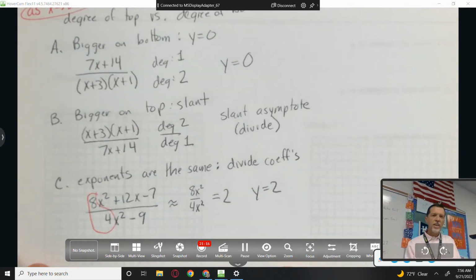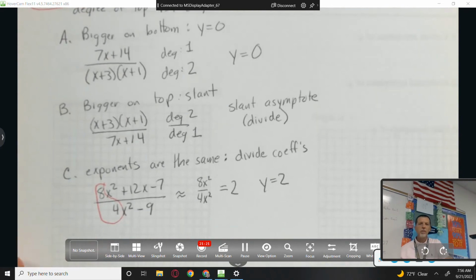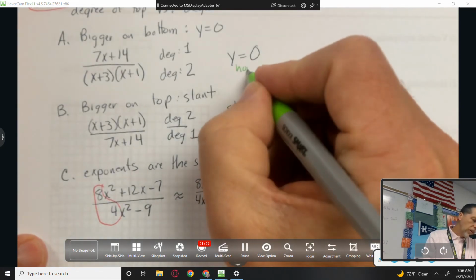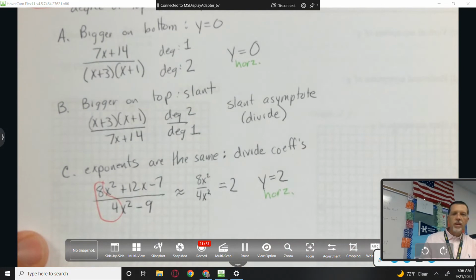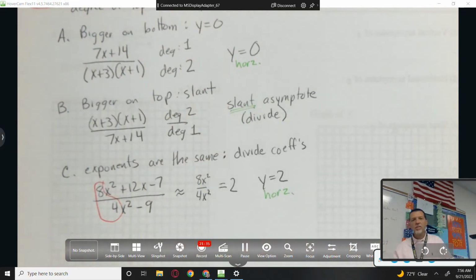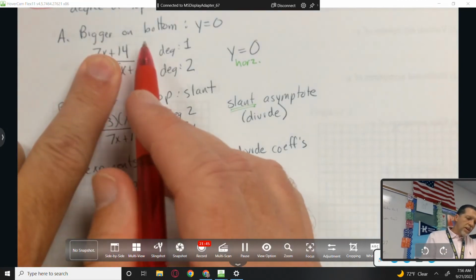Pause for a second. That's Roman numeral 2. Horizontal versus slant asymptote. Maybe we should also pause and say y equals 0, that's a horizontal asymptote. Y equals 2, that's a horizontal asymptote. But obviously a slant asymptote is a slant. Now the reason I wrote them that way instead of putting the horizontals together is because it makes this nice mnemonic device.